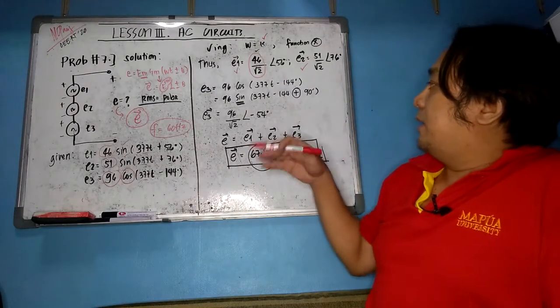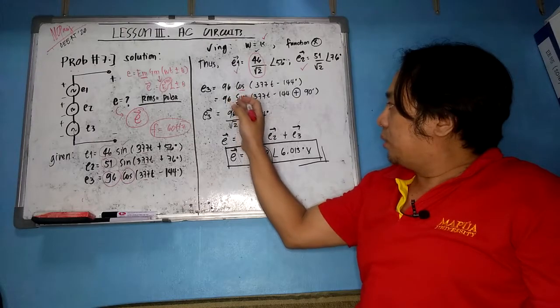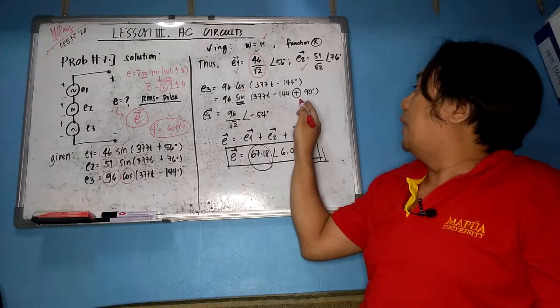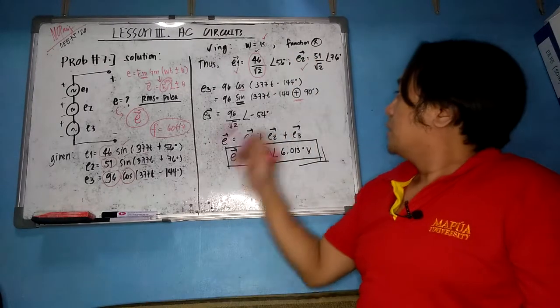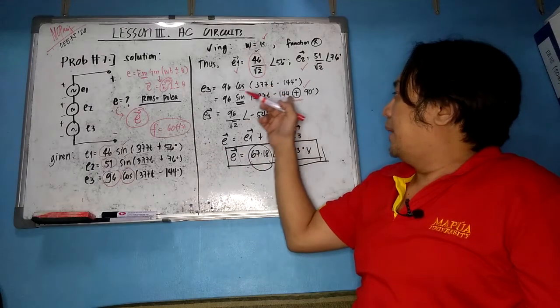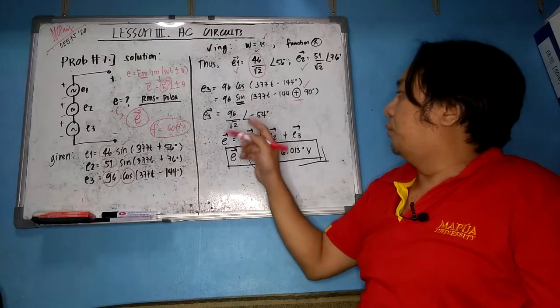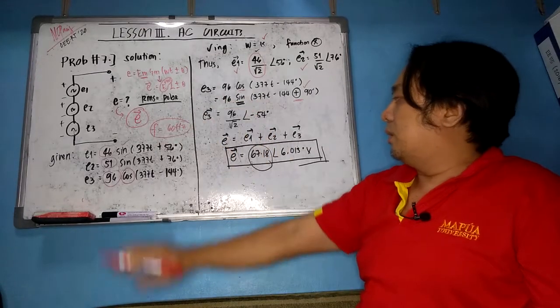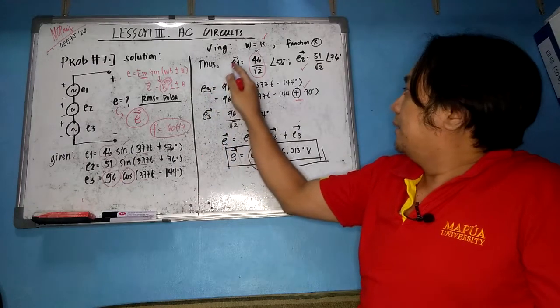To convert cosine to sine positive, you need to add 90 degrees to the angle. So that's why you have a plus 90 here. By adding 90 and minus 144, that is negative 54, and you divide 96 by square root of 2.